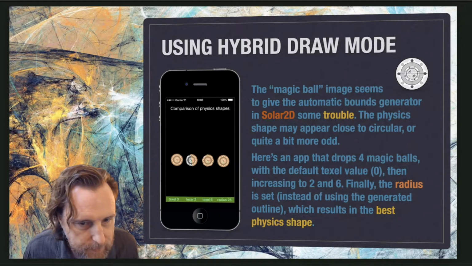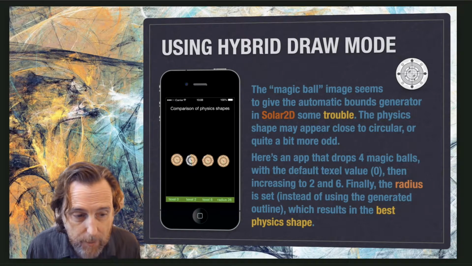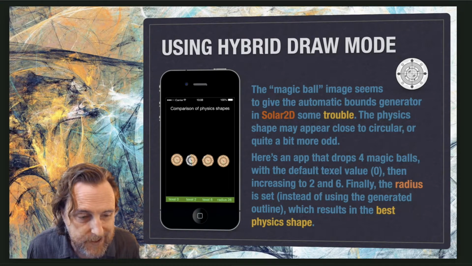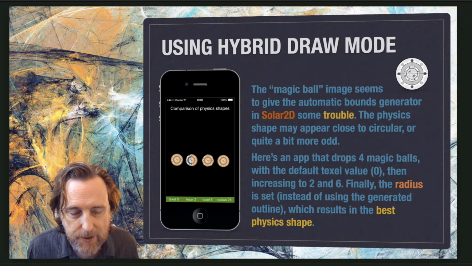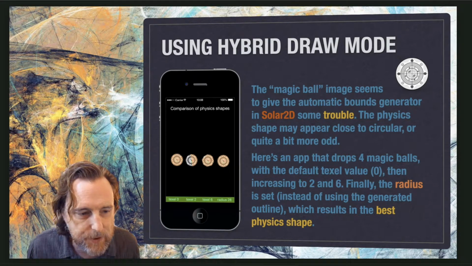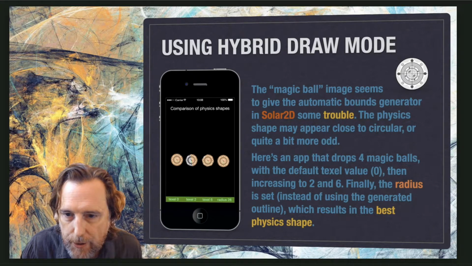So anytime anything's happening in your physics app that doesn't make sense, like a ball that should drop and bounce vertically instead bouncing off to the side, you want to stop and say, I need to see what's going on. I need to see what the physics engine is seeing. So we do that by changing the draw mode.